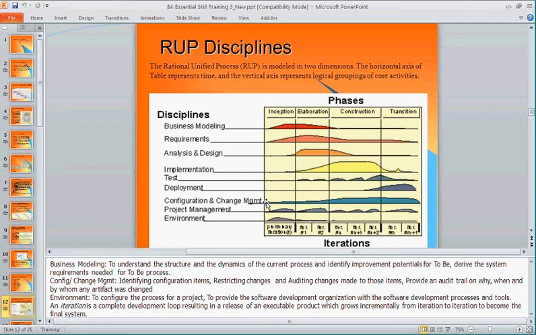Same goes for the last one, which is environment. When you start building a process, a software, you have to take into consideration the operating system that you have in use. You must take into consideration the technology, the platform. You must take into consideration your design standards, development standards, testing standards.